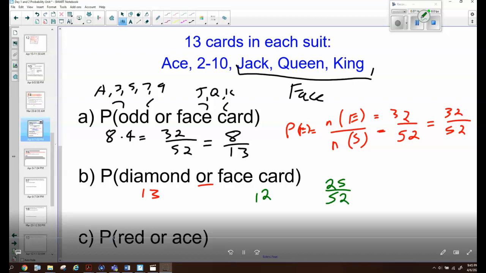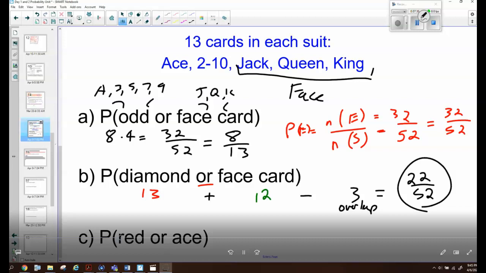So we have to subtract our overlap. 13 plus 12 seems good, but when we subtract our overlap, which is 3, we actually get, let's see, 25 minus 3 is 22 out of 52. And you could reduce that, but I'm not that interested in that right now. Again, I want you to see how you've got to be careful with or. Always watch out. Don't double count some things.